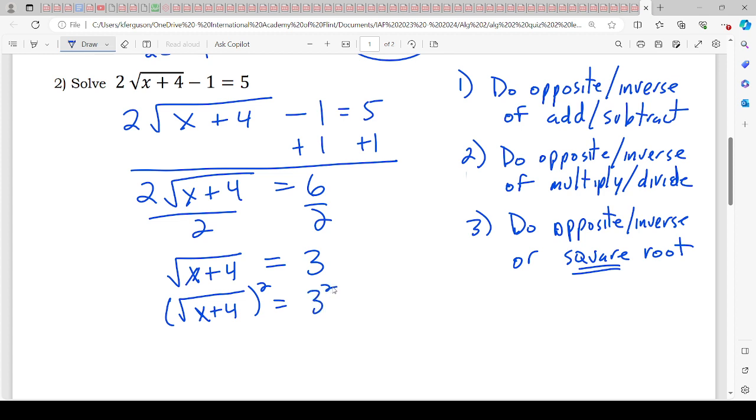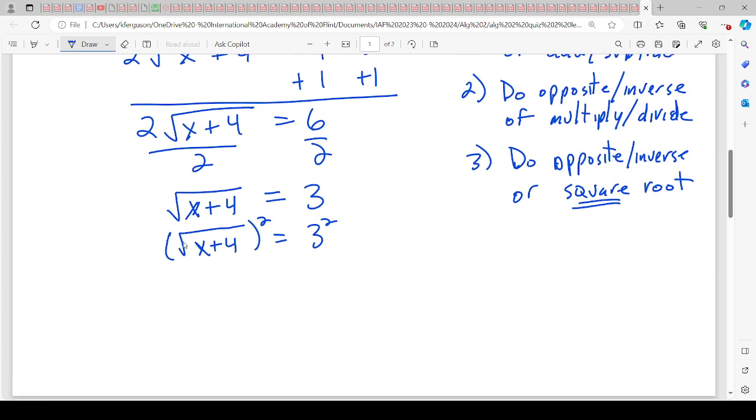But in order for my equation to still be balanced and unaffected, I have to square both sides. So over here, I just get x plus 4. I am one step closer to isolating the variable, getting to that big bad x. But on this side, I got 3 squared, that's 9. So now I'm just going to solve the linear equation that's left.